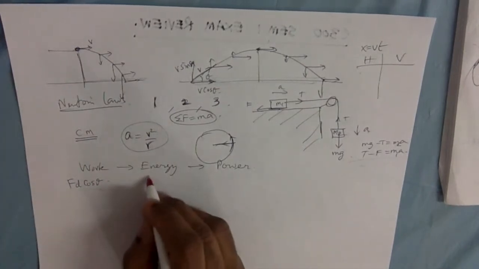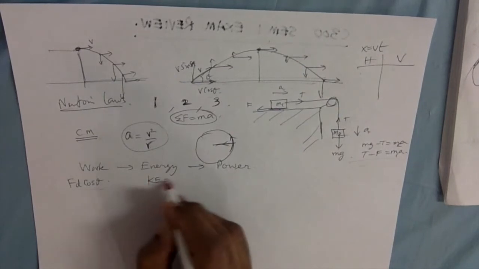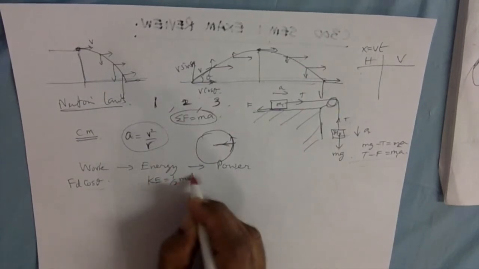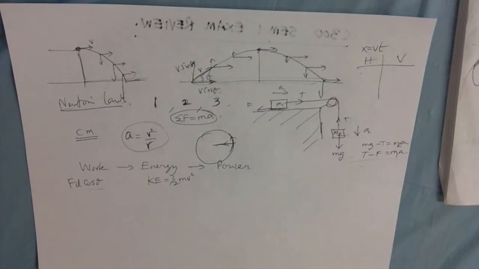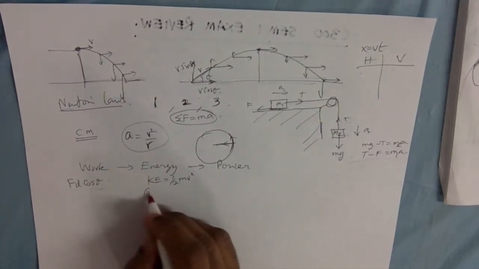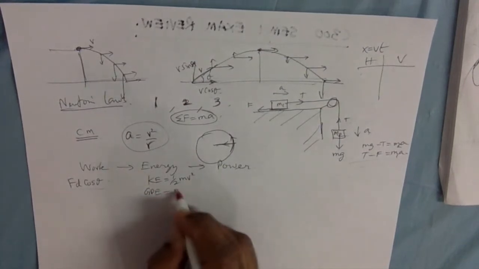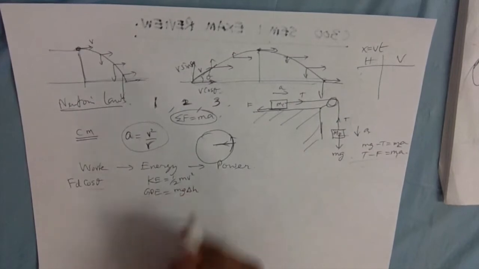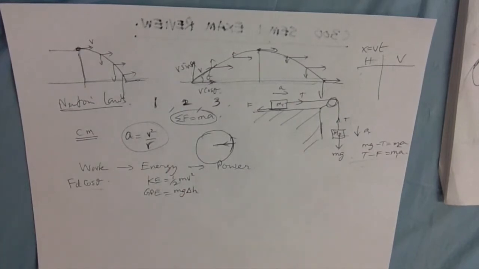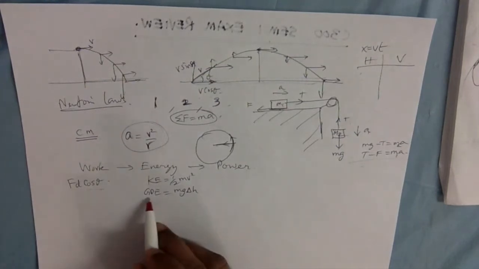The kinetic energy is half mv squared, and you must be familiar with how to use it. Gravitational potential energy is mg delta h. And for problem solving purposes, you can always take a reference level as zero potential energy.